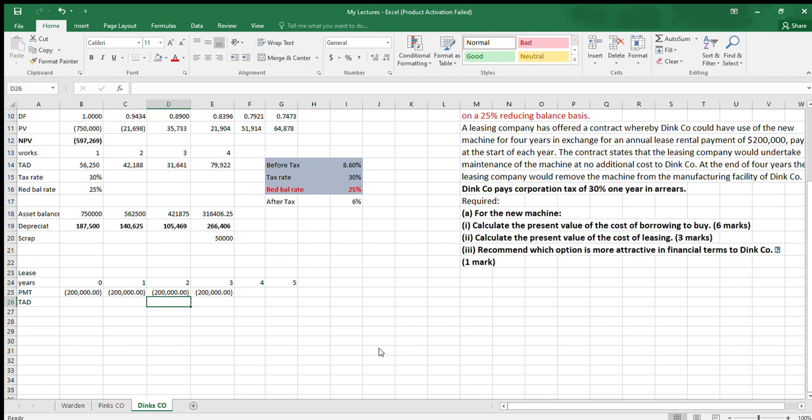So the 30% tax rate, multiplying the year 1 figure, which is 60,000. But it's supposed to be a positive figure, so you negate it again. You give a positive figure. Now you drag to year 5.